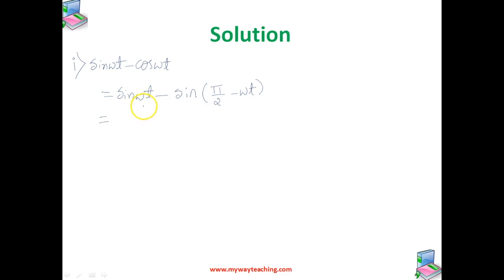And this is nothing but sin A minus sin B, which gives 2 cos of (A plus B) by 2 into sin of (A minus B) by 2, which gives omega t minus pi by 4.